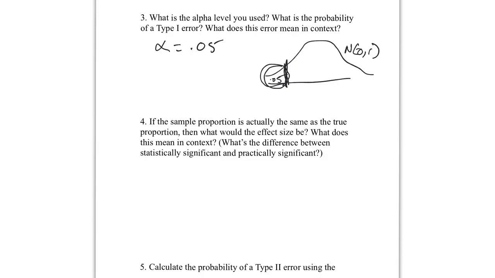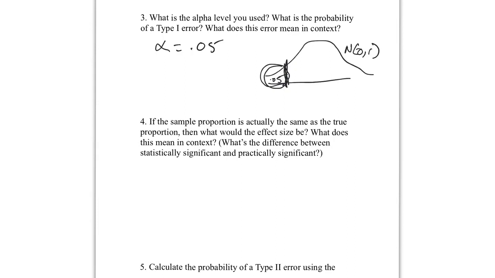So the probability of rejecting wrongly, in other words, rejecting a true null, is 5%. It's going to happen by random chance alone. So usually when it happens, we reject, and we just don't believe that it could have happened by random chance alone, but it actually could, and that's why it's called a type 1 error.